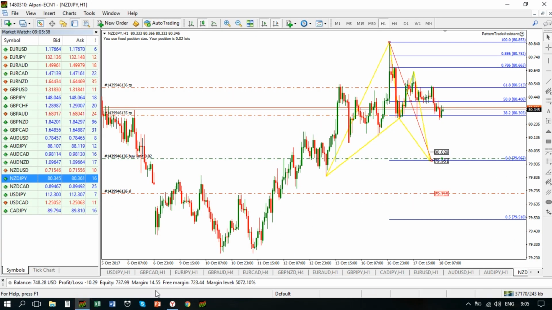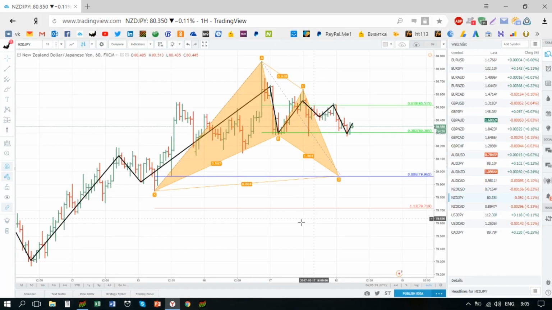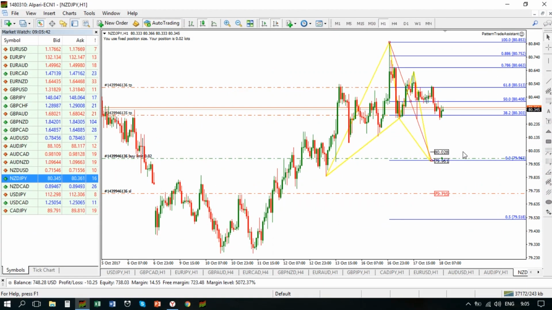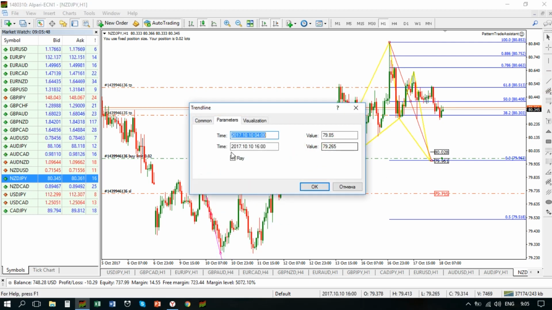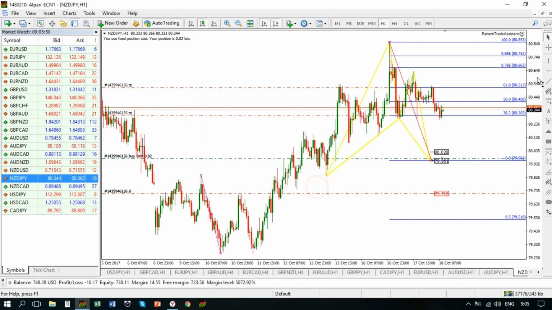If you guys don't know, if you want to draw some lines in MetaTrader 4, you ought to do it this way. Take the line, draw the line. Let me disable Ray. Then take the line, draw the line. Take another line, draw the line. So it is the only way to draw lines in MetaTrader 4, unless you have my drawing line tool.